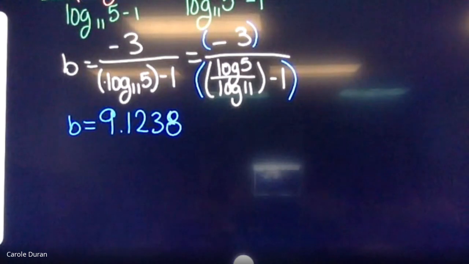Are you doing it in steps? I'm trying to do log 5. I did it separately. Log 5, log 11, and I write it down.